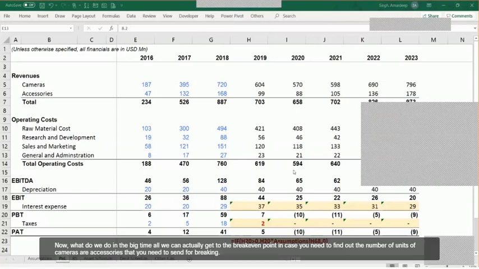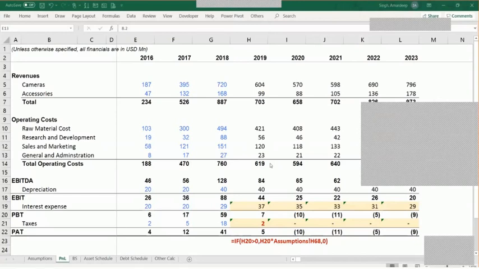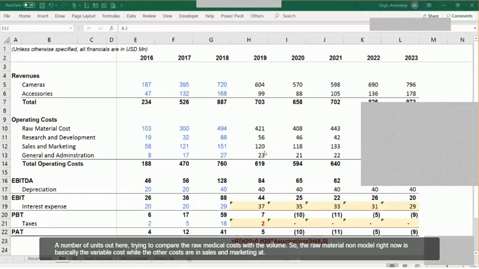Now, how can we actually get to the break-even point? In case you need to find out the number of units of cameras or accessories that you need to sell for breaking even at a particular level, you need to figure out, out of the total cost which is being shown here, what portion is fixed and what portion is directly driven by the number of units. Here, I'm trying to compare the raw material cost with the volume.